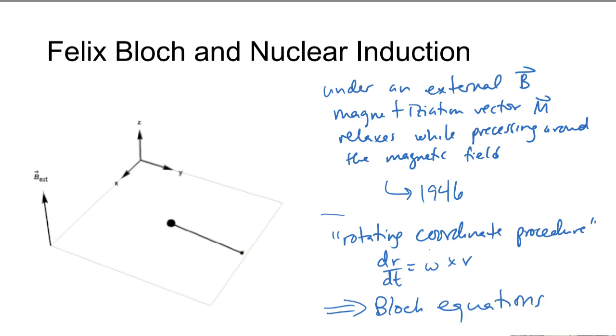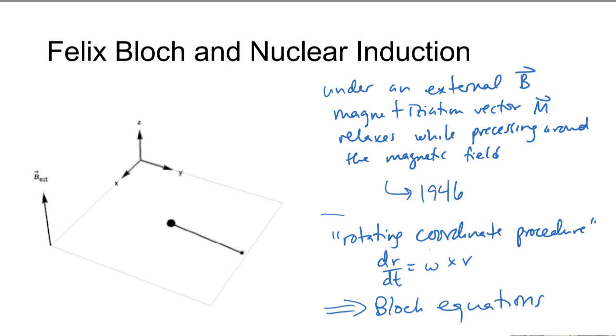I think it's interesting that his theory of nuclear induction, which is not super related to the Bloch sphere, is so intrinsically coupled to it. When you try to track down why they named it after Felix Bloch, it's hard to map out that history.